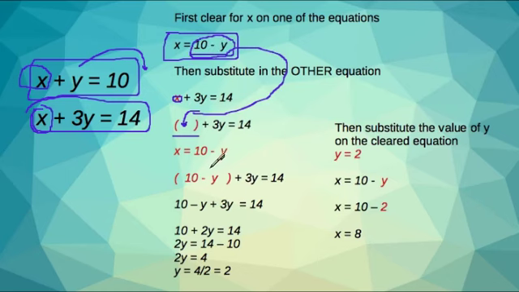This 10 minus y. Got it. It's right there, plugged in. Okay, so this is the second equation. All of this is the second equation, which is this one. So the first step is with the first equation, and the second step is with the second equation.